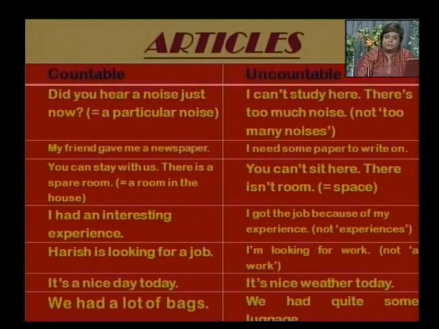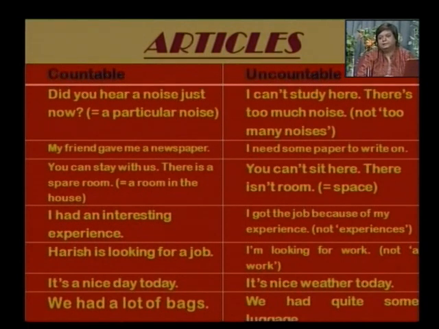Second દાખલા ઉપર આવીએ. My friend gave me a newspaper. એક particular newspaper આપ્યું એટલે we are using the article a. My friend gave me a newspaper. એની સામે દાખલો જોઈ લઈએ, સેન્ટેન્સ જોઈ લઈએ. What does it say?